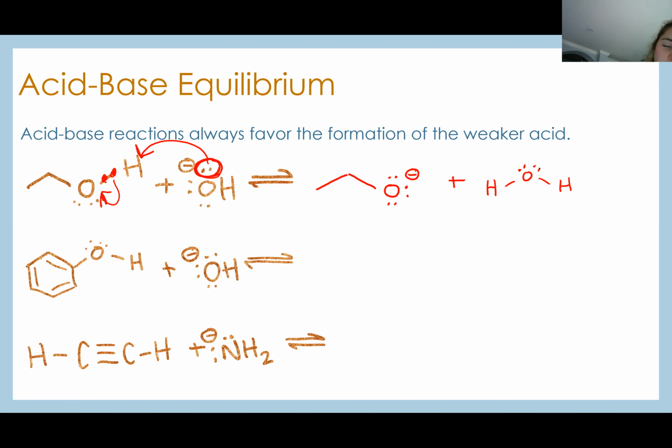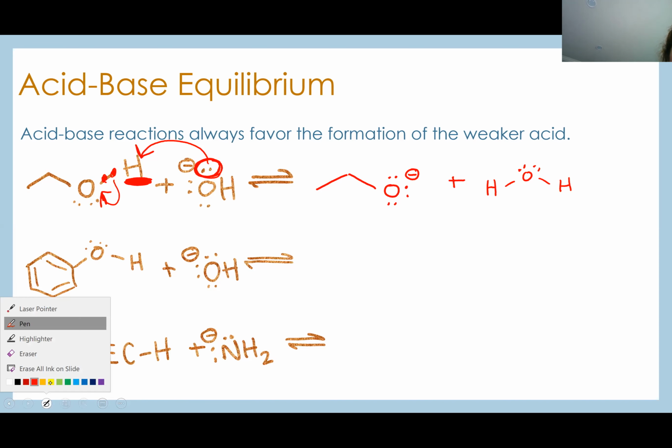Okay, so if we want to figure out which way this reaction goes, we need to compare the pKa's of the acids here. Does anybody remember from the previous slide what the pKa of the acidic proton on ethanol is? Negative 0.4 something?